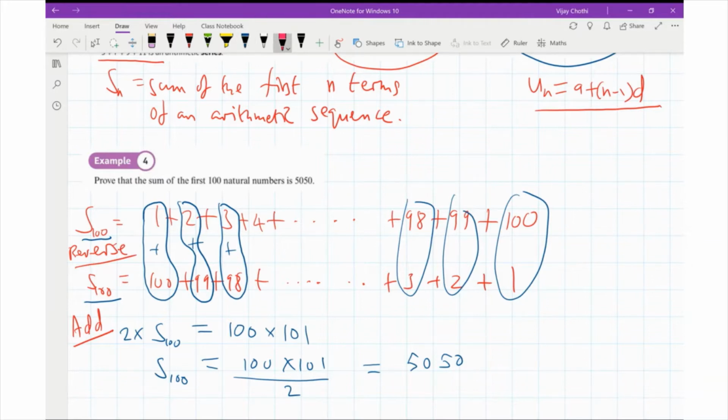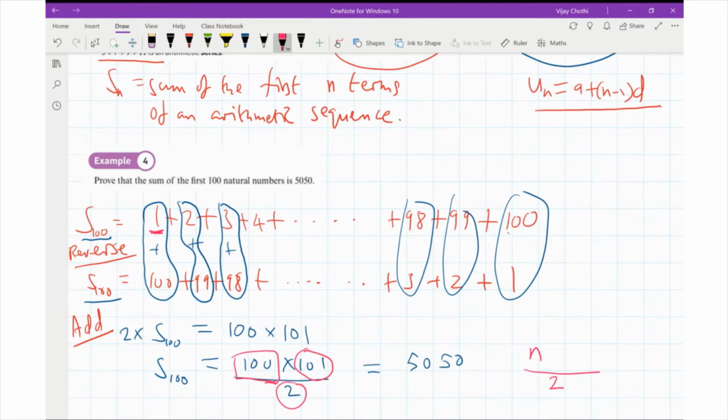Things to notice about my final calculation. This 100 is from the number of terms. The 2 on the bottom is always there. It's just part of the whole process because I'm adding the 2 series together. The 101 I get by adding together the first and the last term, so it's 1 and 100.